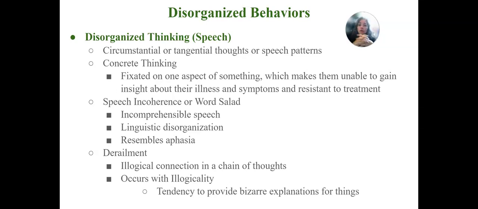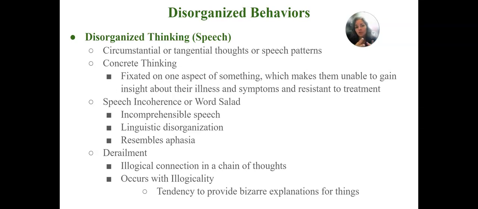And you can try to talk to them about, it's not making sense, this isn't logical, it's not relevant. You can try to talk them through it, but it doesn't matter. They're kind of disconnected and they don't have any insight that this is really their illness that's producing this fixation or this illogical thinking.